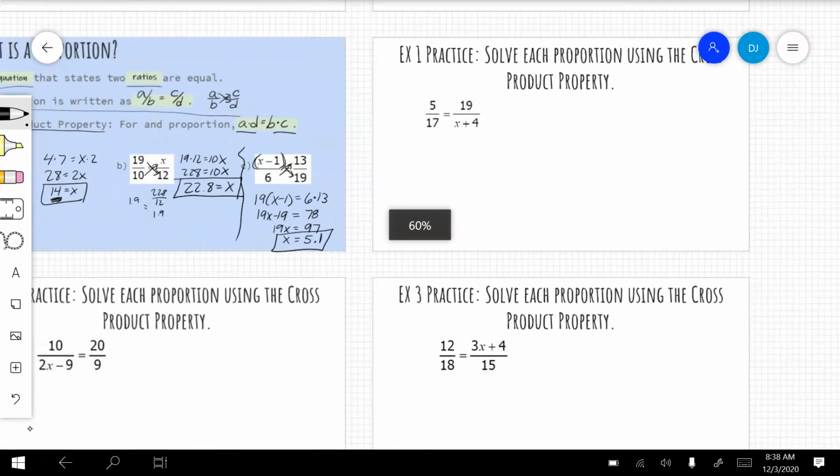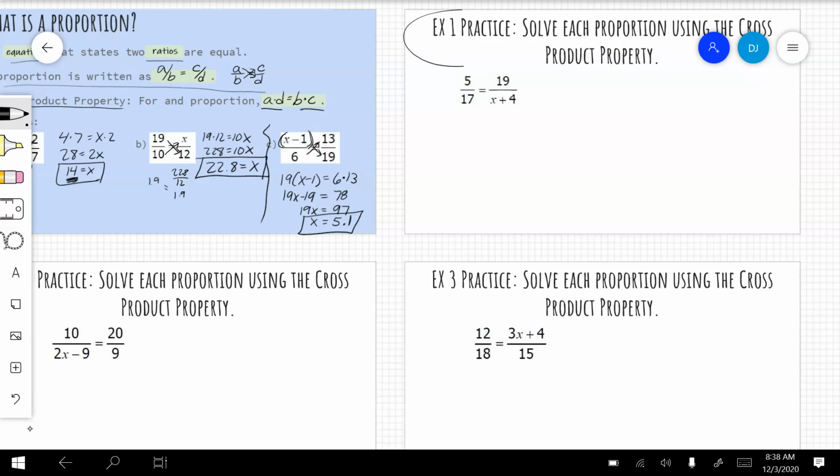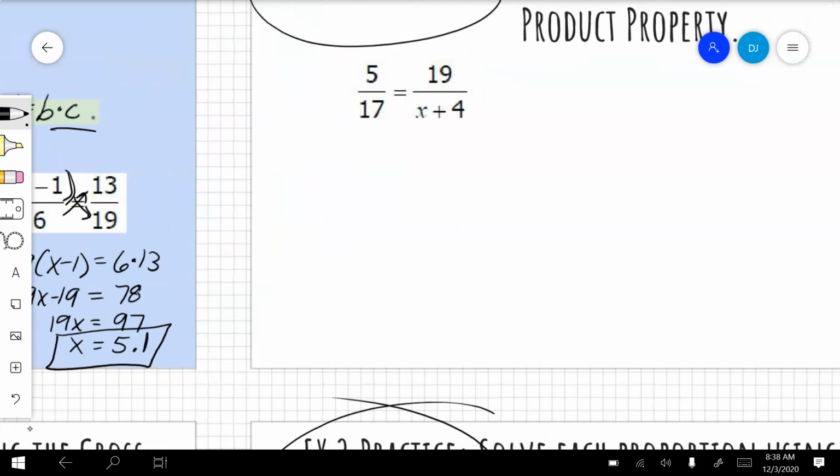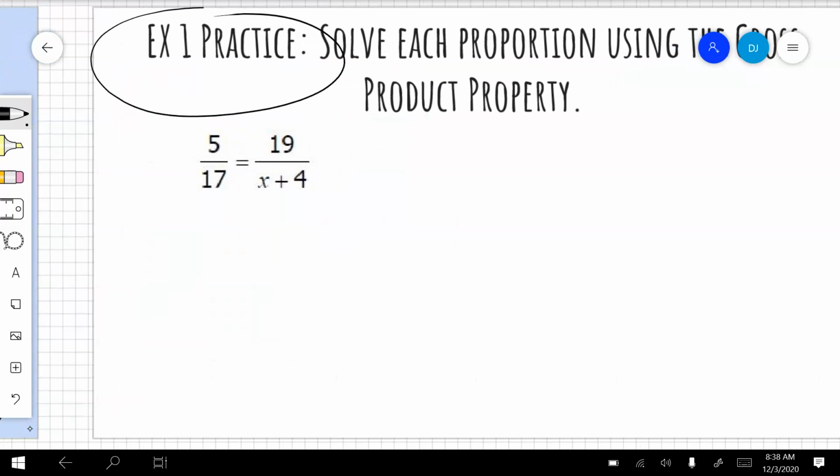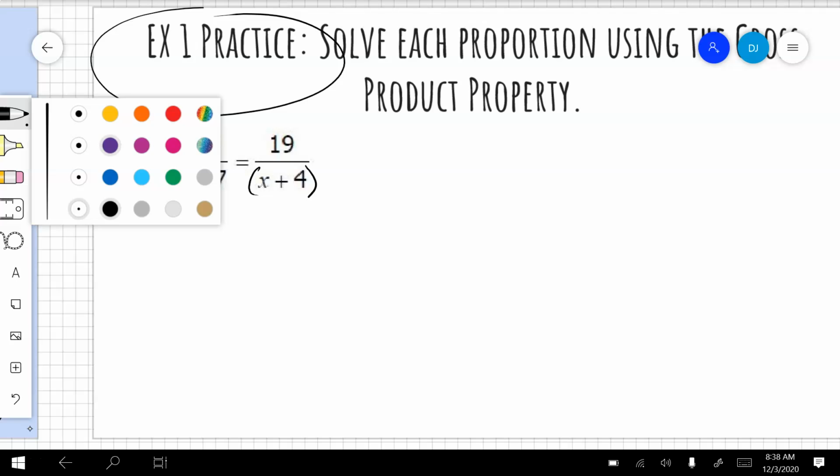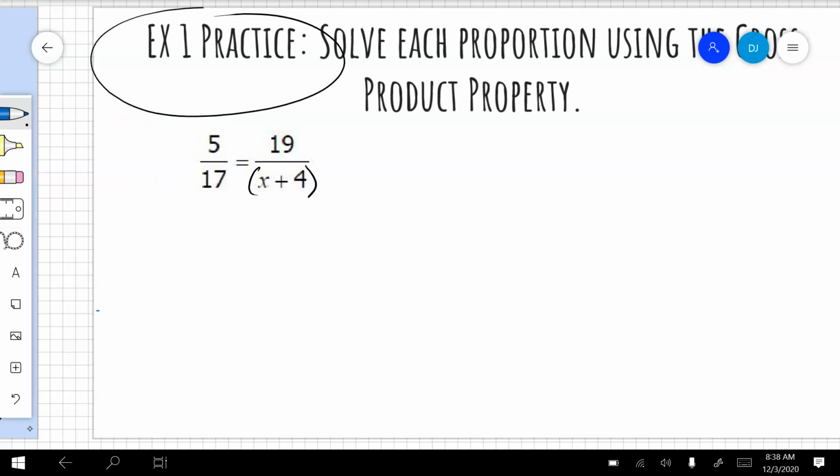So go ahead and pause the video now, and you're working on 1, 2, and 3. Okay, welcome back. I hope you actually paused the video. If you haven't, seriously, pause and try to do this on your own, because the only way you're going to learn is if you actually do it on your own.